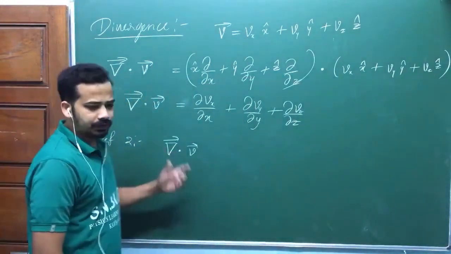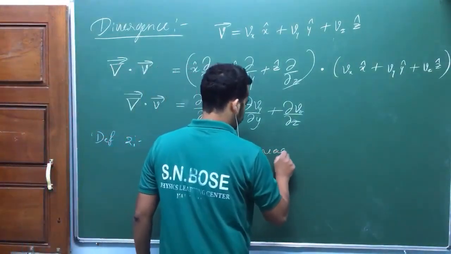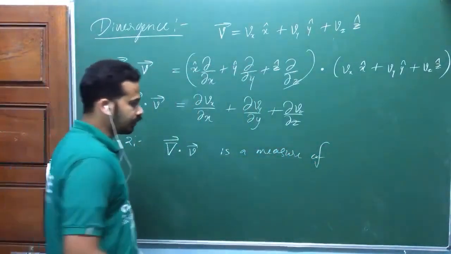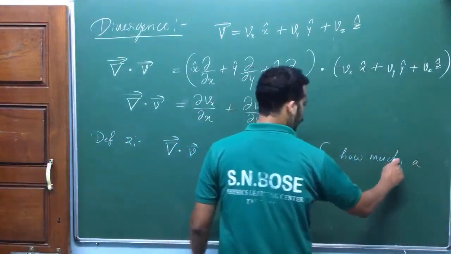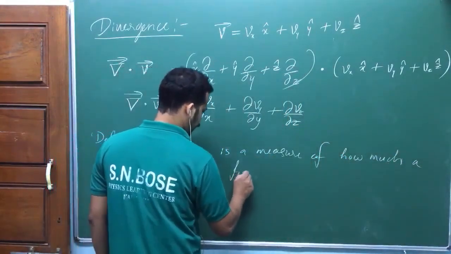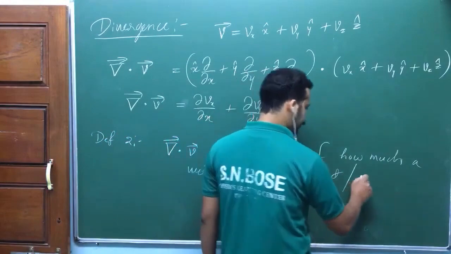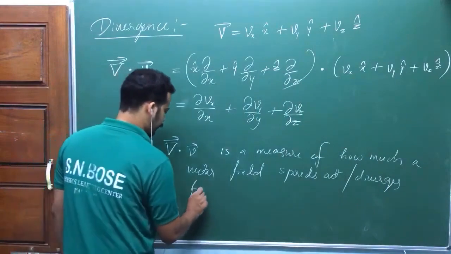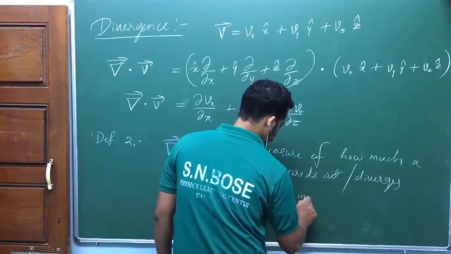This divergence is actually a measure of how much a vector field spreads out or diverges from the point of interest.